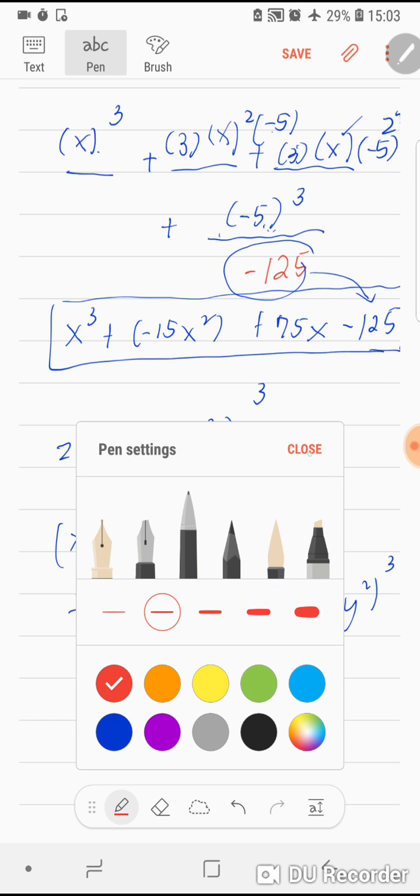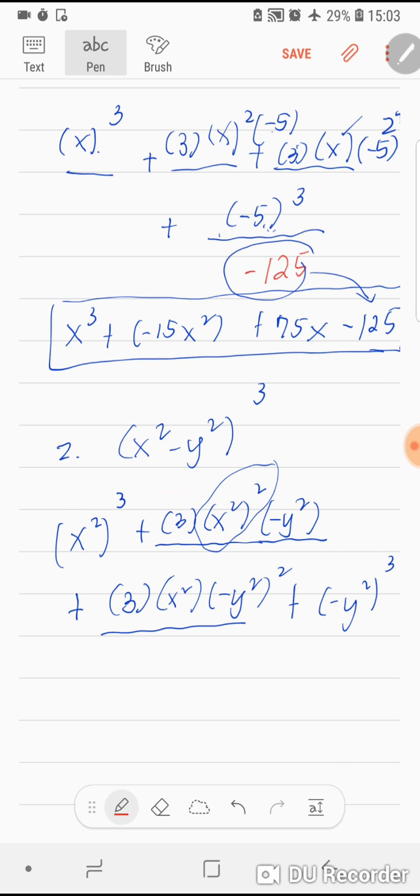So let's try to simplify things a bit. By the law of exponents, we multiply the exponents, so don't add, you need to multiply. So this would be x to the power of 2 times 3, which is x to the power of 6.